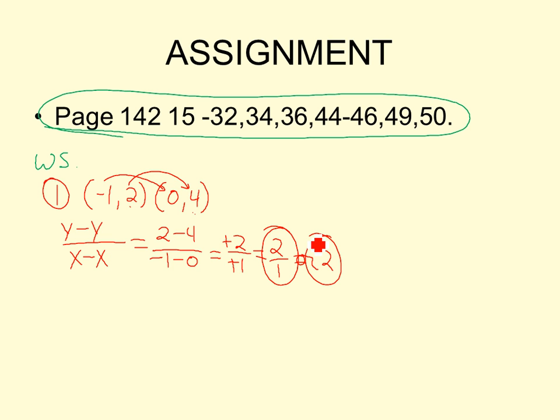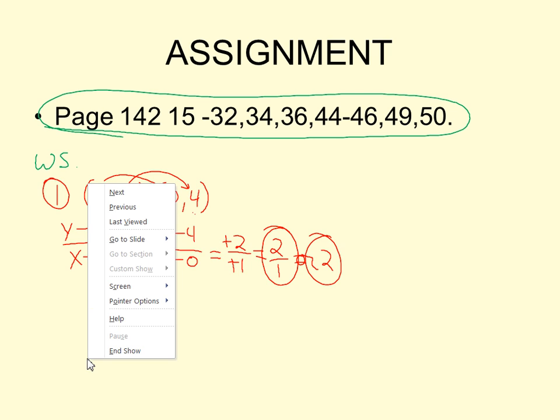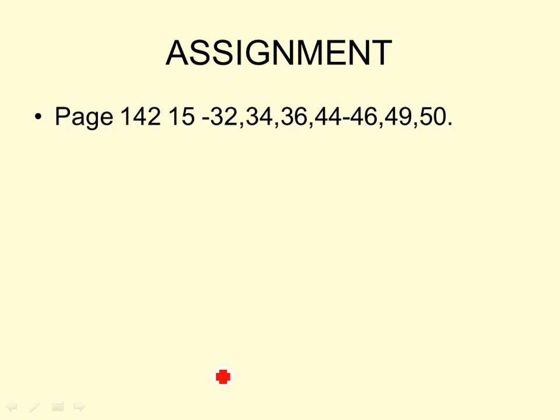Looking at this next section, let's do number 6. Number 6, they ask us to find the slope of line TW. Over on your graph, and I'm not going to draw the whole graph out, you see that there's a point at T and a point at W. The line goes like this.